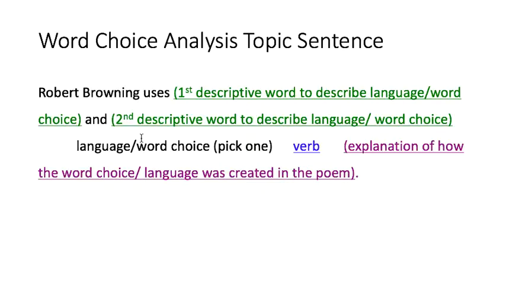Pick one though. So if you say Robert Browning uses negative connotation and formal language, pick a verb, and then explain how that language or word choice is created or used in the poem. So this is going to be what your topic sentence looks like.